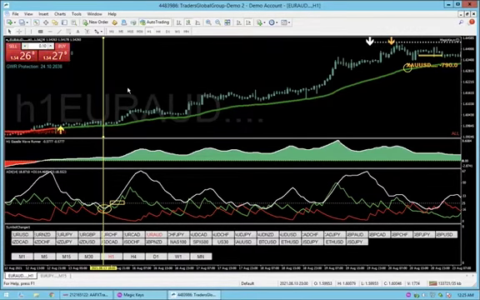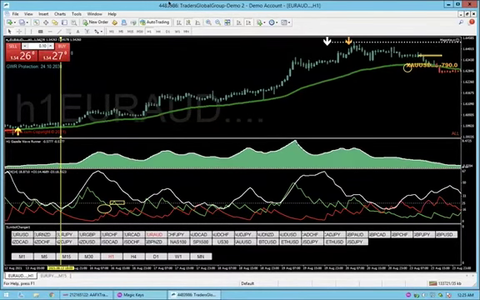So let me erase all, clear all drawings. These red and green lines represent direction. Yes, correct. So I'm going to start from the beginning. These red and green lines indicate direction of price or money flow, okay?